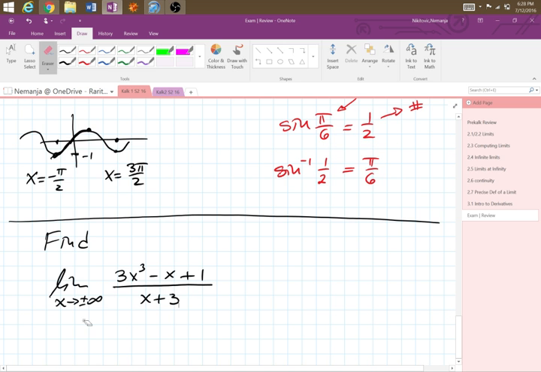Okay, so we're going to pick either positive or negative infinity because it's going to give us the same answer no matter what. So we're just going to choose the positive infinity in this case. And then we're going to go from... all right, so let's see.